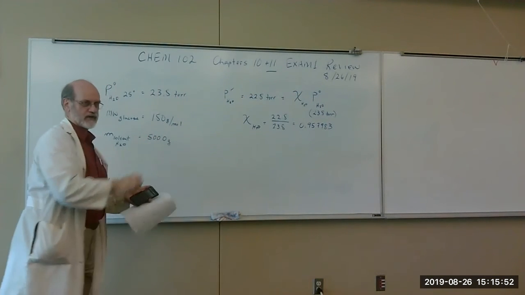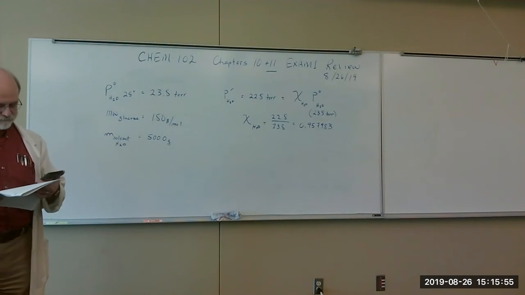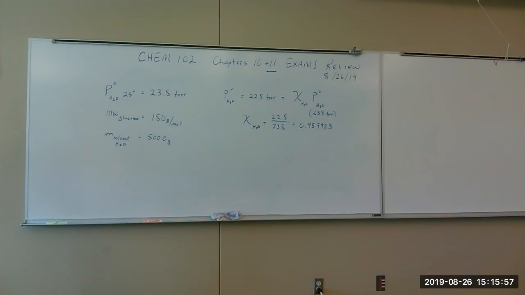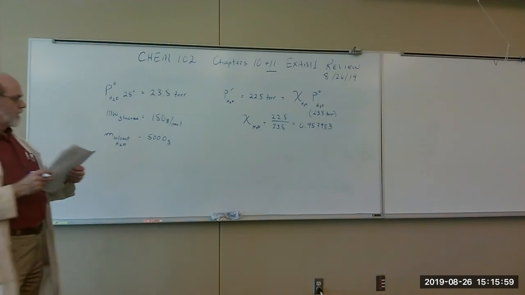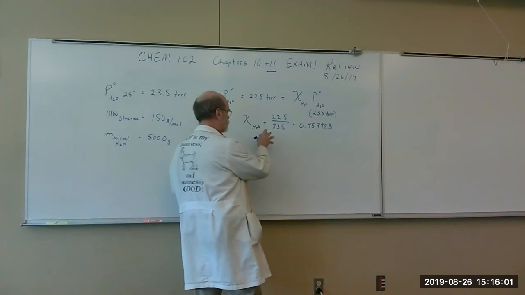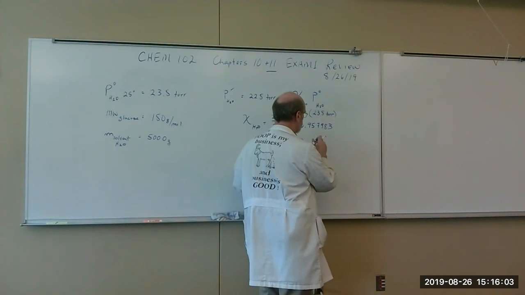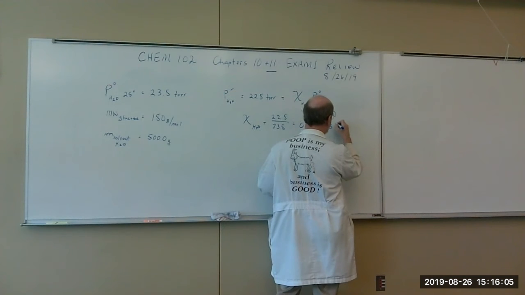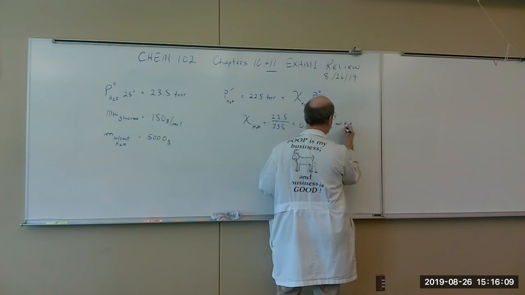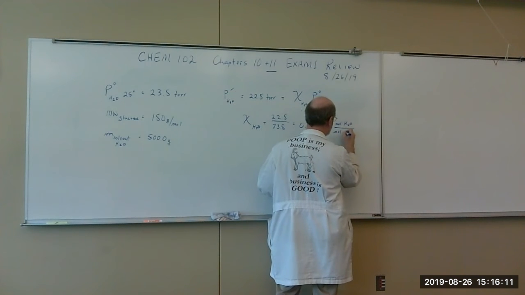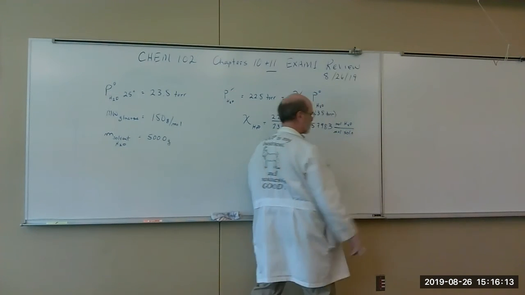I want to use a bunch of decimals just so I can minimize the error. Okay, so this is the mole fraction of water, which means we need to know the moles of water per moles of solution. That's what that means.